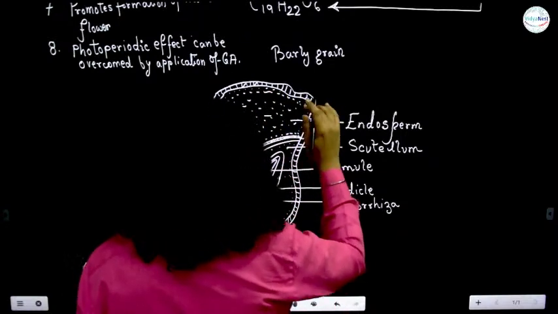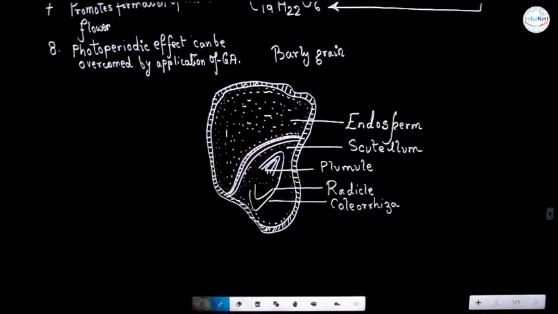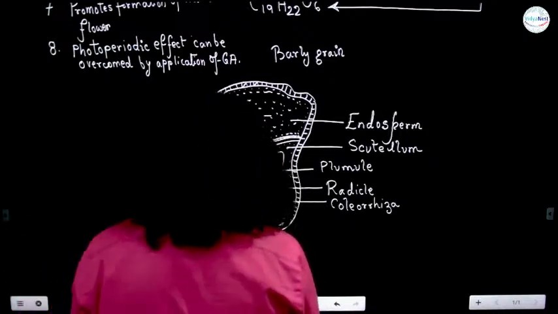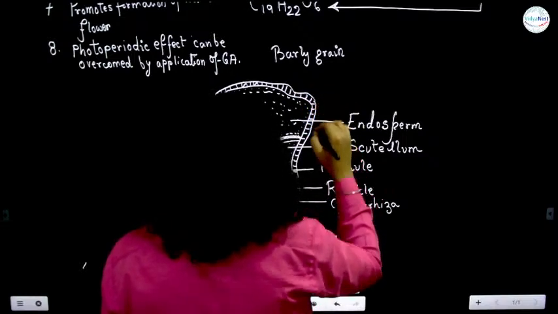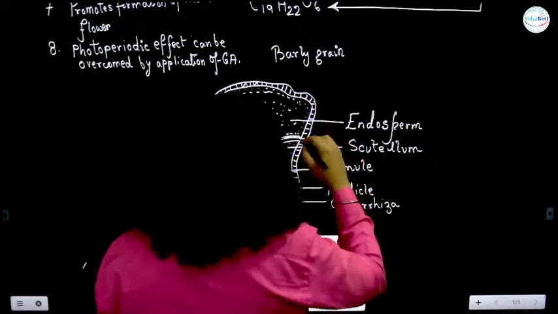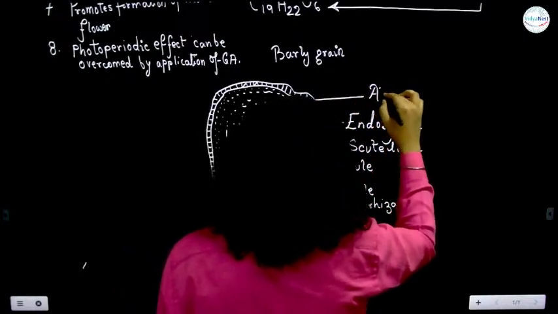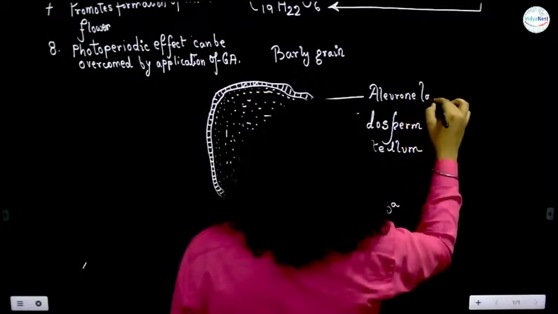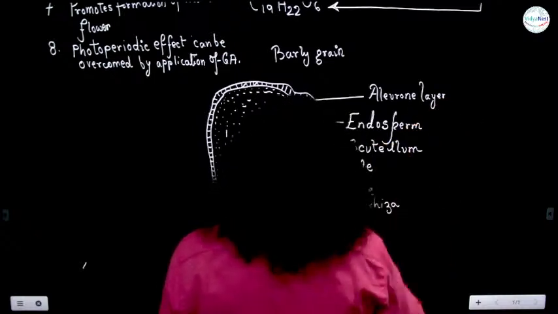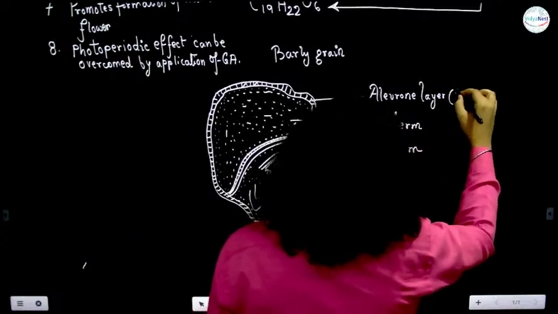So what happens whenever the gibberellin comes? It will bind with the receptor over here. This part, you know, is known as aleurone layer. This is endosperm. Both of them are 3N.